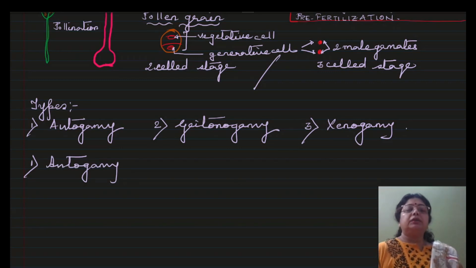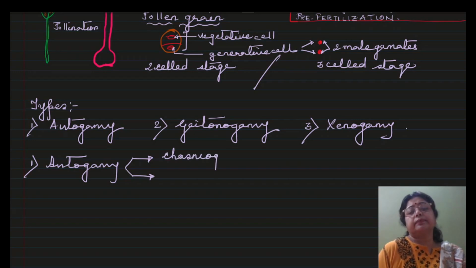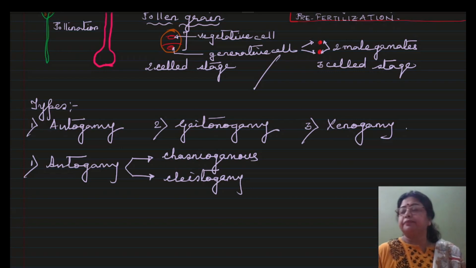Here the pollen grains are transferred from the anther to the stigma of the same flower of the same plant. It can be divided into two types according to the flower: one is chasmogamous, another is cleistogamous. Cleistogamy or cleistogamous flower.